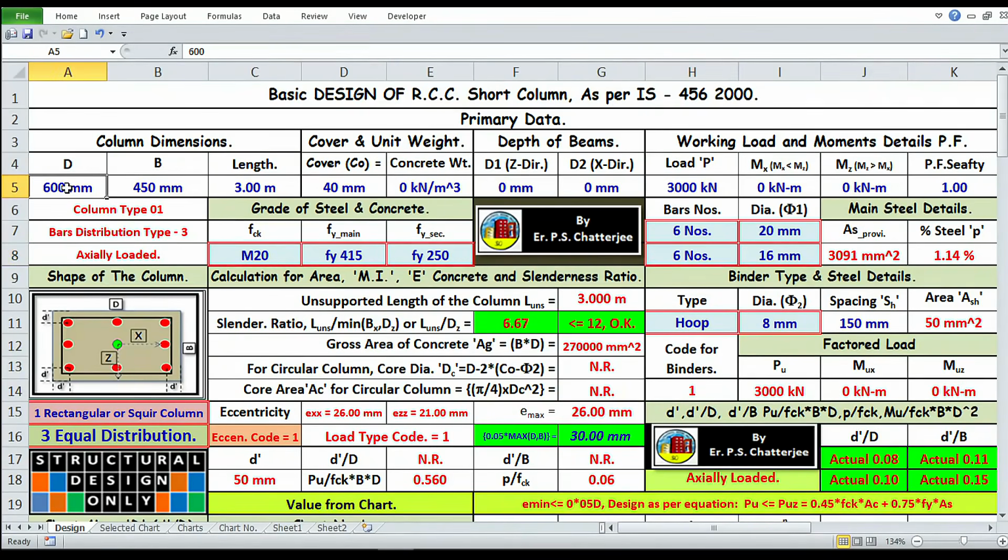Size 450 by 450, length 3 meters, cover 40 mm, grade of concrete fck 25, fy 415, secondary reinforcement also 415, load 2500 kilonewton, Mz is equal to 200.